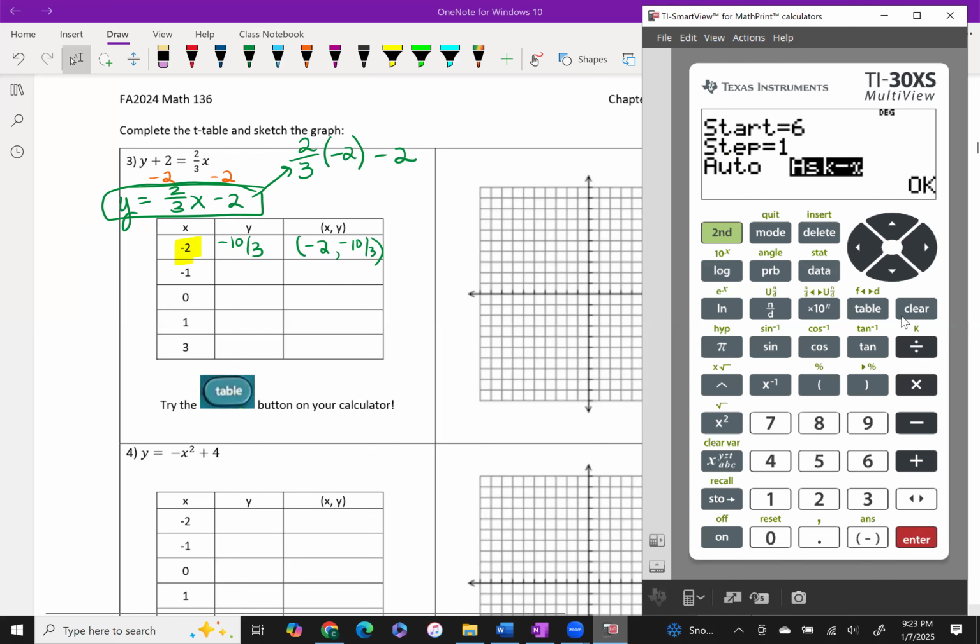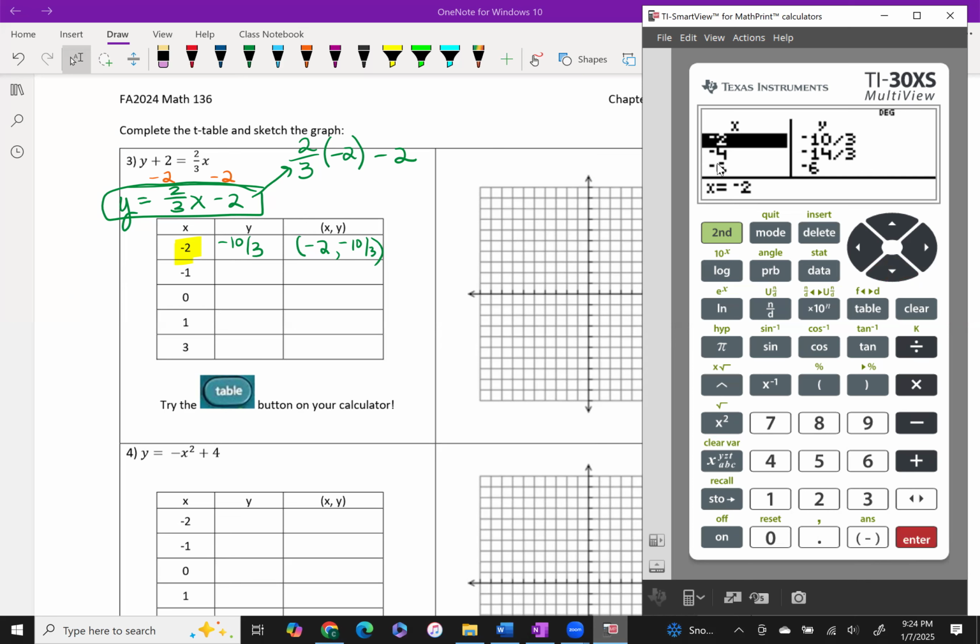I hit enter, and this time I want it to ask me for x values because I've been given some specific x values I need to use. I've used my table button before, so there's already numbers in here, but I just type right over the top of them. So for x equals -1, enter. When x is -1, y is -8/3.